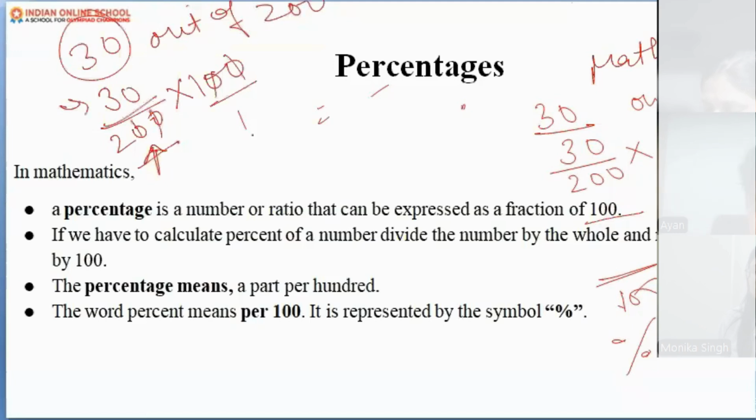We get 30 by 20, that is 15%. Okay, 15% marks you have got. So this is how we calculate the percentage of any number. The number divided by total number multiplied by 100 and we get the percentage.